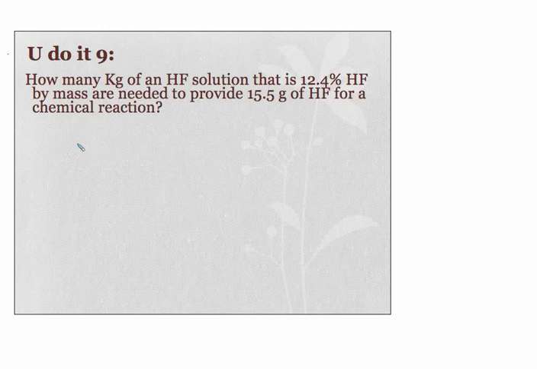One more in this video, we're going to do a straightforward solution problem. So it's asking us kilograms of solution, and so we have 12.4%. Instead of doing moles on top, I'm going to do mass. Well, I don't need moles actually. I'm doing mass directly. 15.5 grams divided by grams of solution.